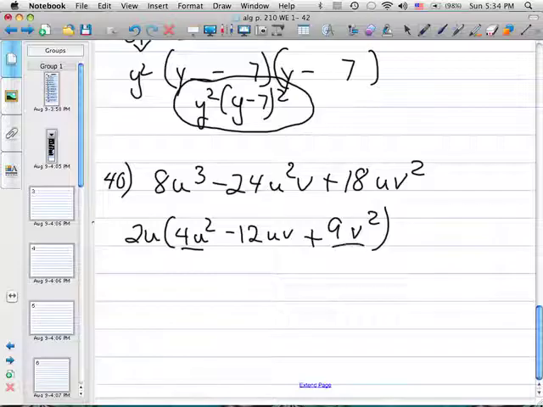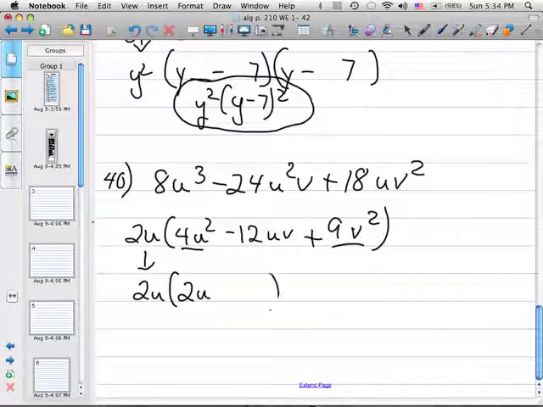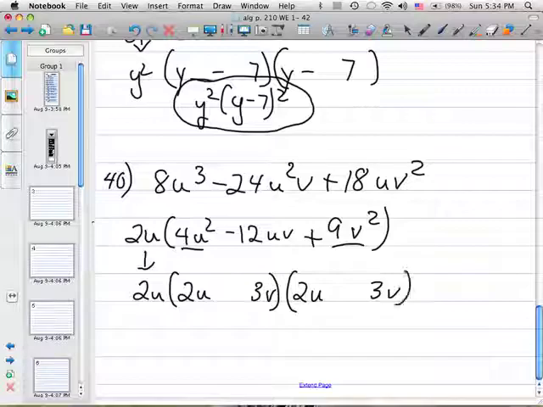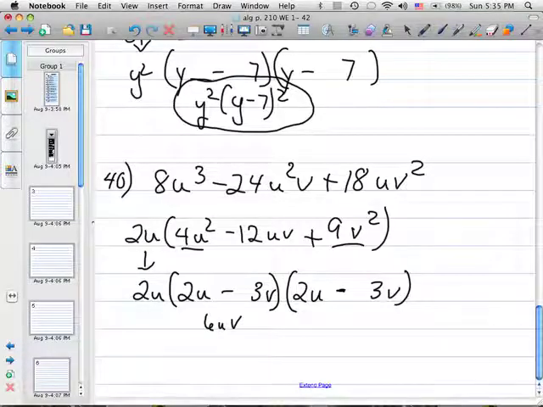Looking at the ends, these are perfect squares, so bring down the 2u. The square root of 4u squared is 2u. The square root of 9v squared is 3v. 2u times 3v is 6uv, and this is twice that, so it will work, and this should be both minuses.